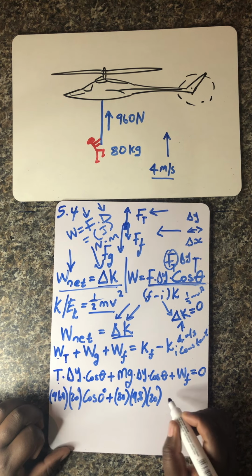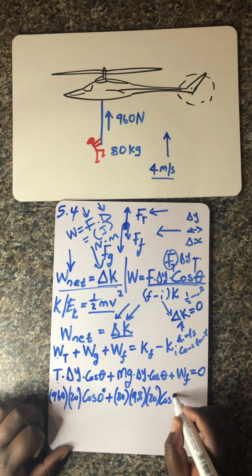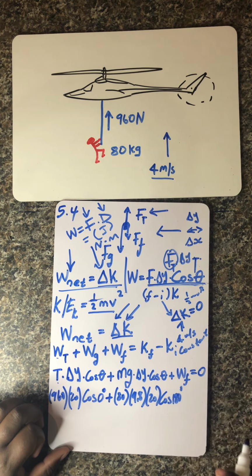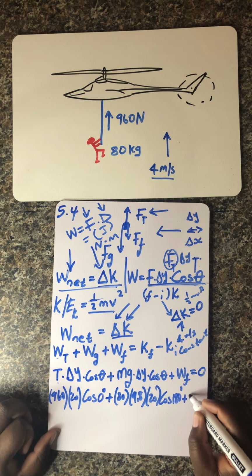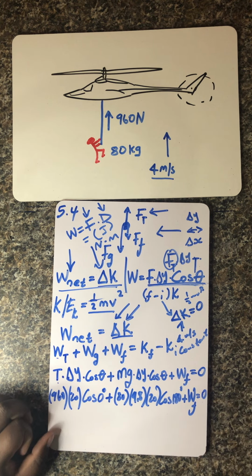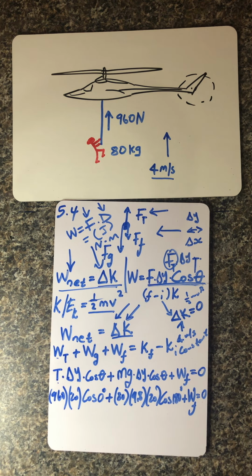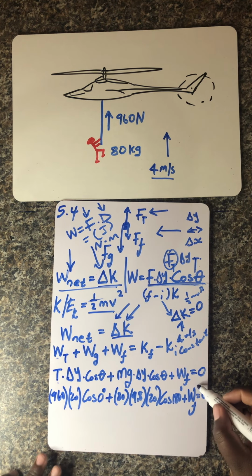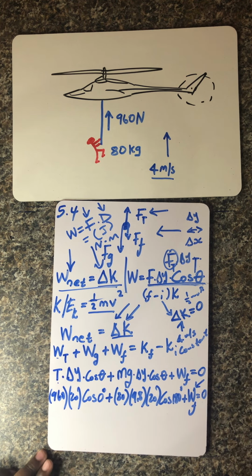Okay, and cos of 180 degrees. Very much important, ladies and gentlemen. Plus work as a result of friction, and this is equated to 0. Okay, so ladies and gentlemen, this is exactly what we are calculating. Okay, very much important, guys.